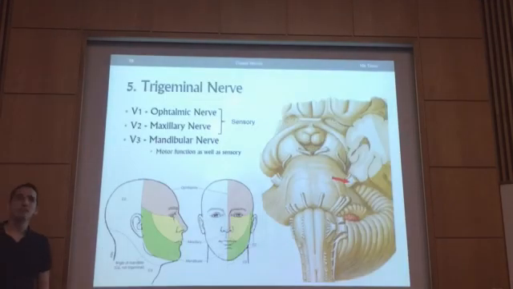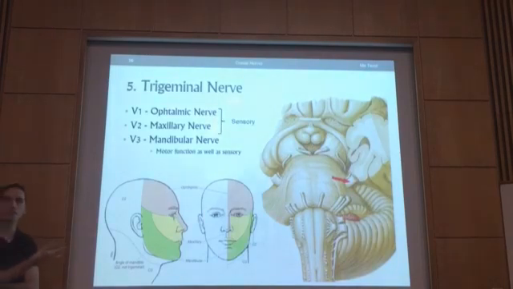So the third, the fourth, and the sixth cranial nerves are all involved in eye movement. Now let's go back to the fifth cranial nerve. The nomenclature of the cranial nerves, the way they are numbered, is according to the location and not the function. This is why we need to go back to the fifth. So we mentioned the trigeminal nerve.